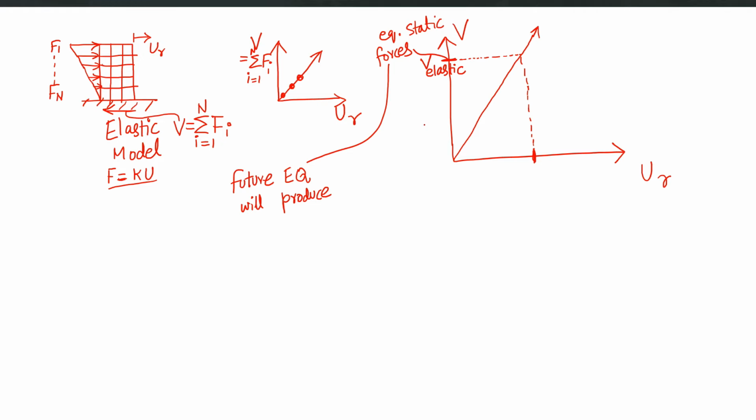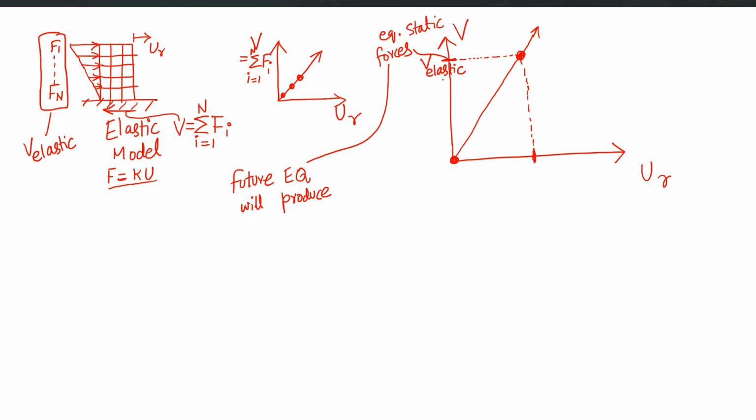If, for example, we apply these forces F1 to Fn such that they are equal to V elastic, and we perform all the design calculations and calculate the cross section size and reinforcement in our building, we will give a capacity to our structure to follow this linear line starting from origin up till this particular point.